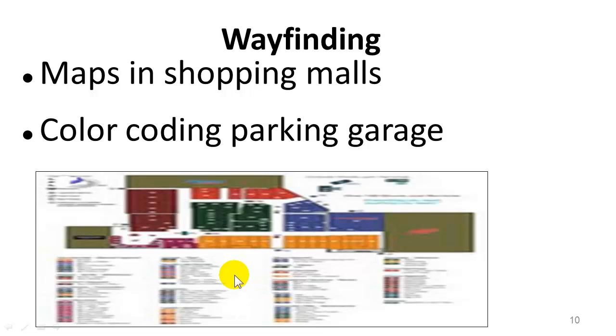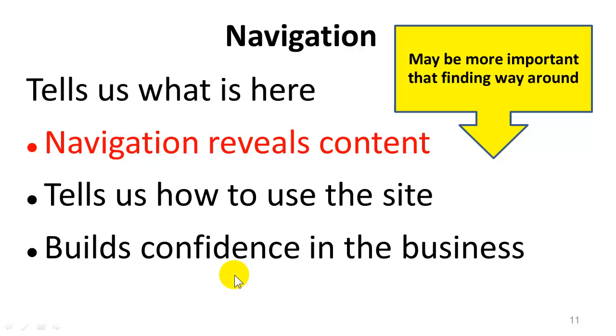For example, in a shopping mall, and this is not the best map here, it's a little skewed, we see this all the time, this color coding scheme of the different levels or of the different types of stores, and there's always the proverbial "you are here." You see these in malls, parking garages, etc. So there's some way of identifying where we are in relation to the scheme of things and obviously where we can go.